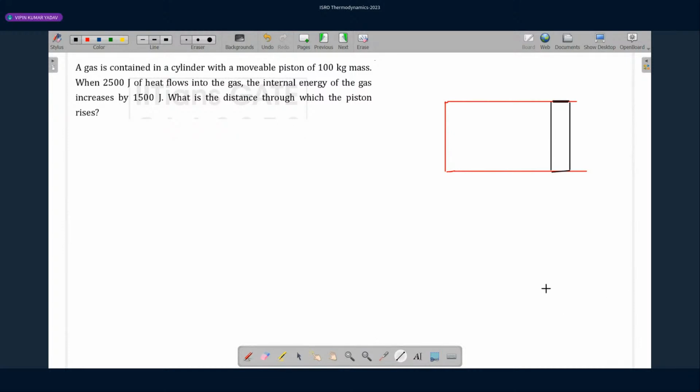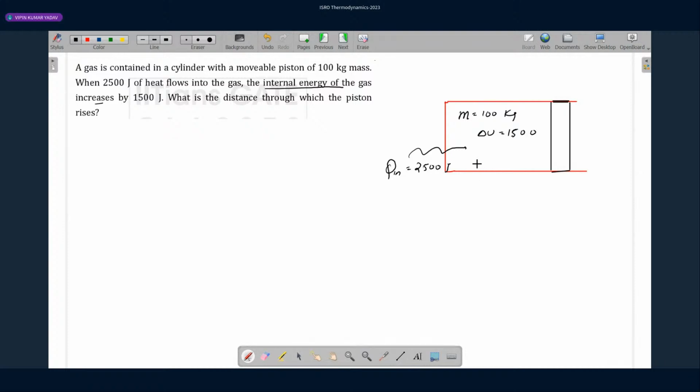So the piston can move, okay? And it contains a mass of 100 kg of gas. Now heat is flowing in, Q in is equal to 2500 joule. And because of this, the internal energy of the gas, so delta U, is equal to 1500.